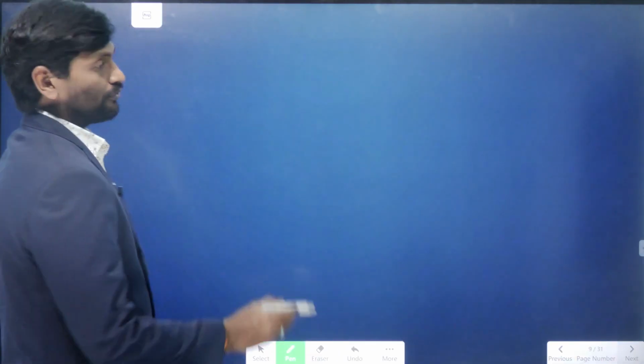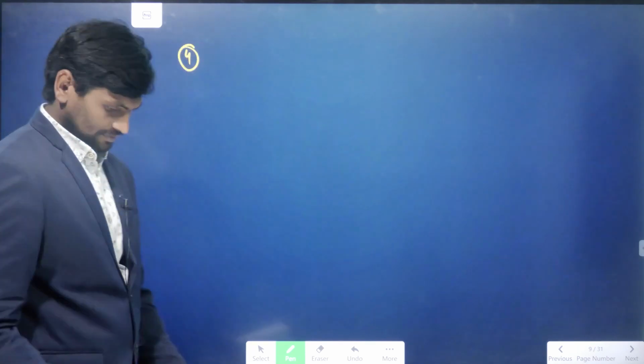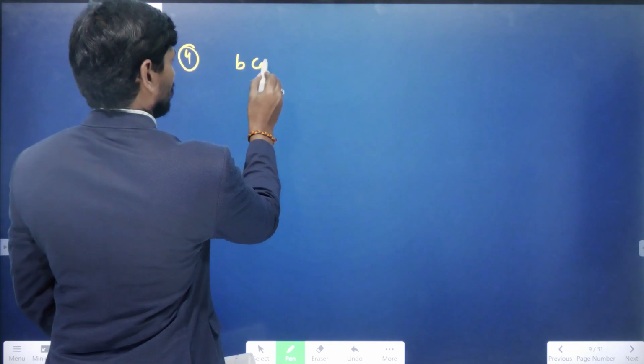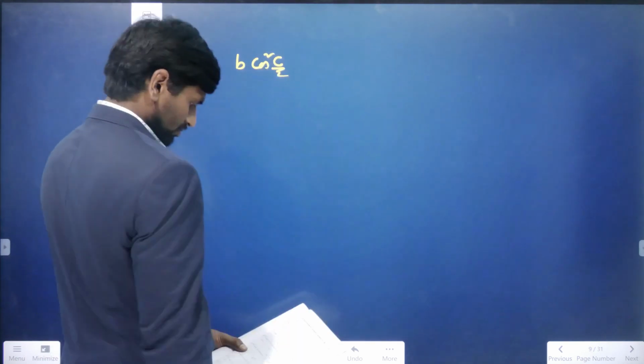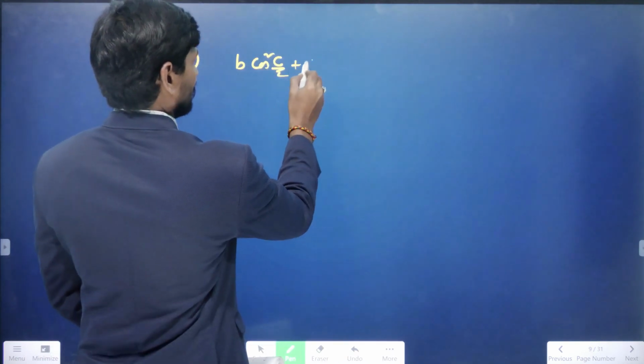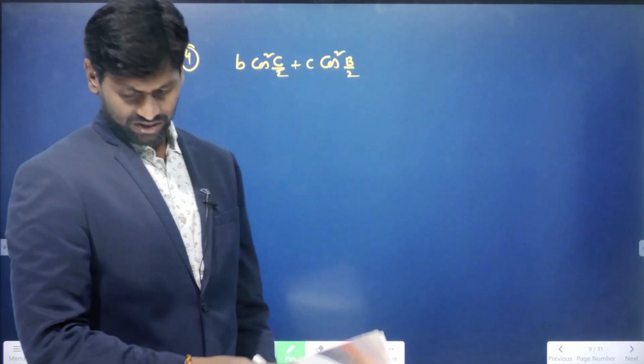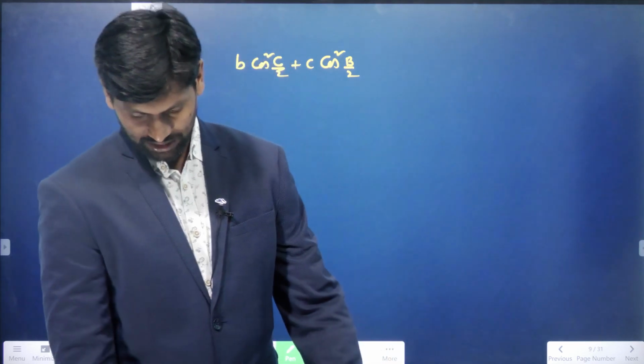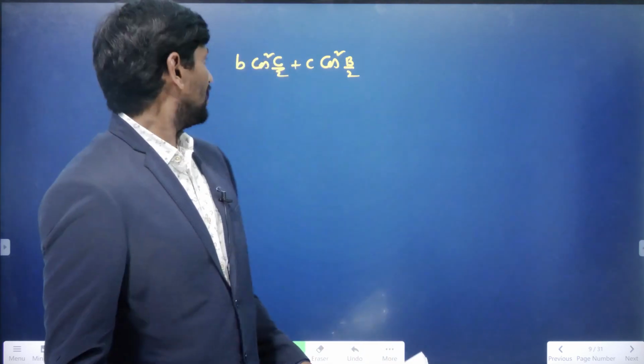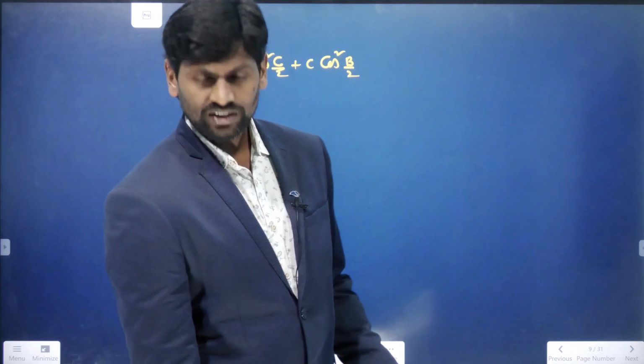Yeah, problem number 4. In triangle ABC, B into cos square C by 2 plus C into cos square B by 2. So let us try to find the value for this.